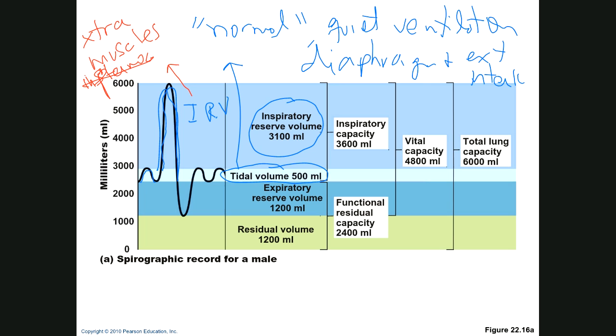By the same token, if we breathe out using extra muscles, now we can breathe out a bigger volume of air, and that is what we call the expiratory reserve volume. Muscles used at that point would be abdominal muscles and internal intercostals.